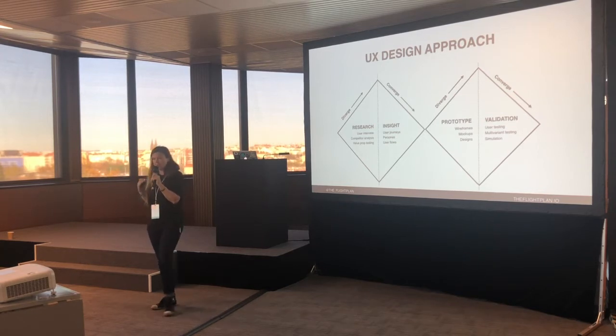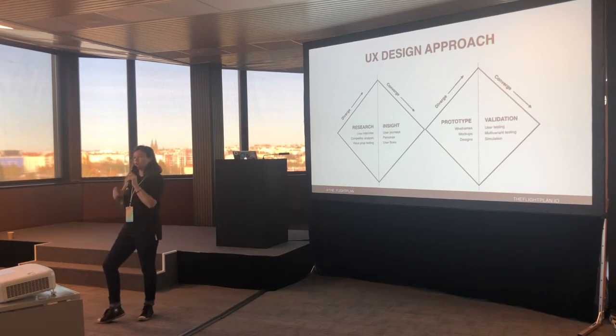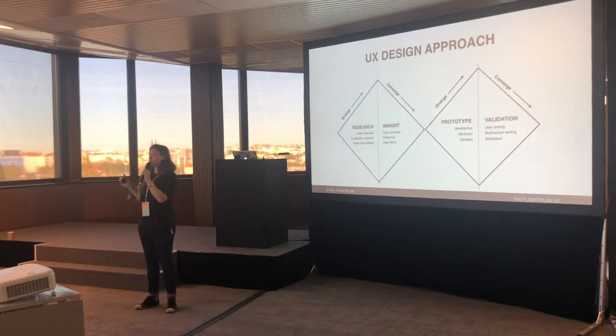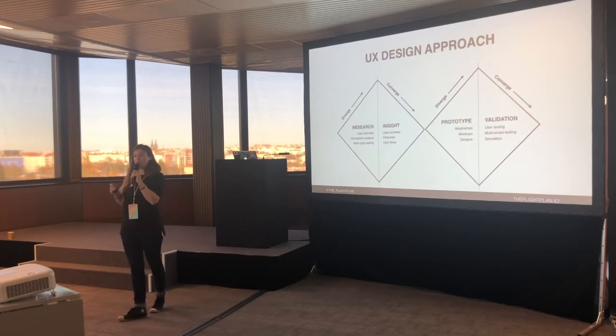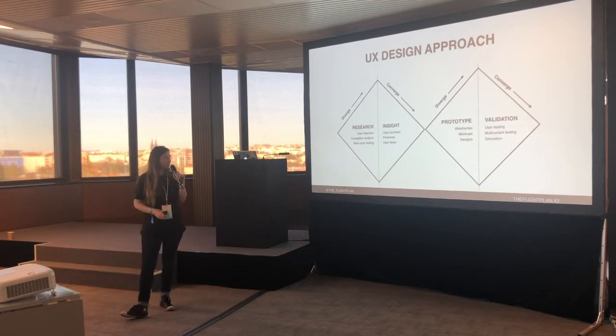And that gives us a basis for starting to ideate around what could solutions be to some of the problems in this user's life. But we don't go and build a fully blown solution. We aim for what is the essence of the solution that we want to capture, and we build as low a fidelity prototype as possible.